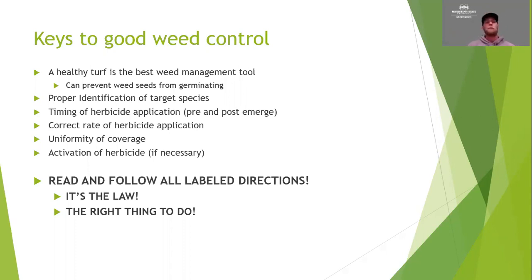So make sure you, again, read the label. All of this information can be found on the label. It'll tell you how much to apply per 1,000 square feet, or how much to mix up in a gallon of water. It'll tell you how much rain or irrigation to run afterwards. If it tells you to activate it with irrigation or rain and you don't have an irrigation system, obviously you need to time that with a rain event so it can be activated.